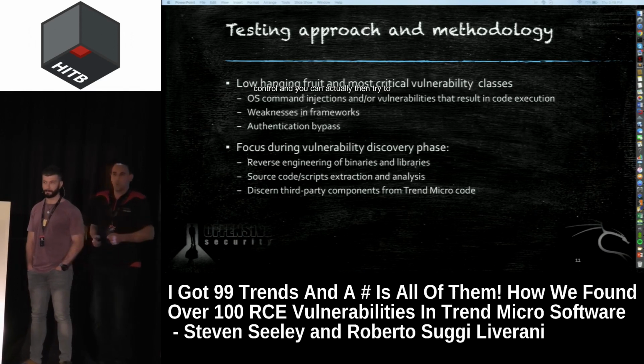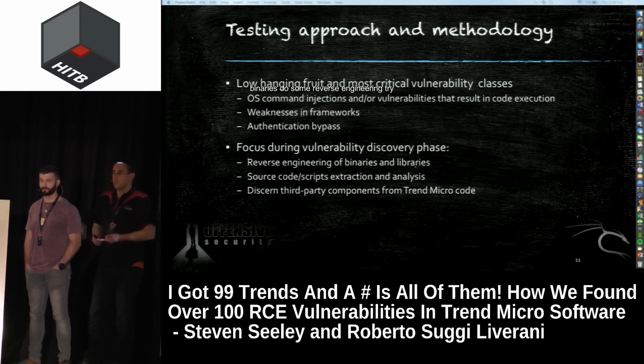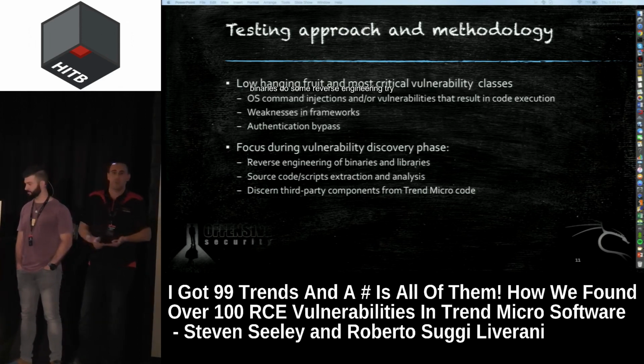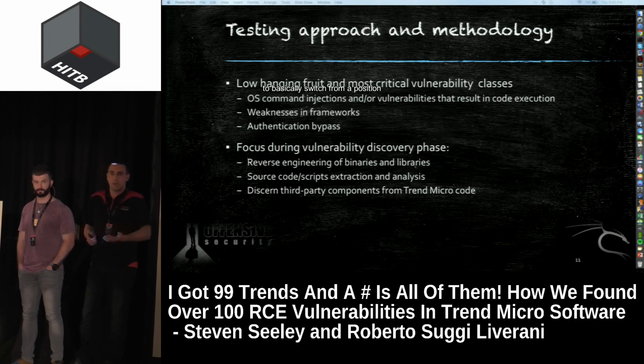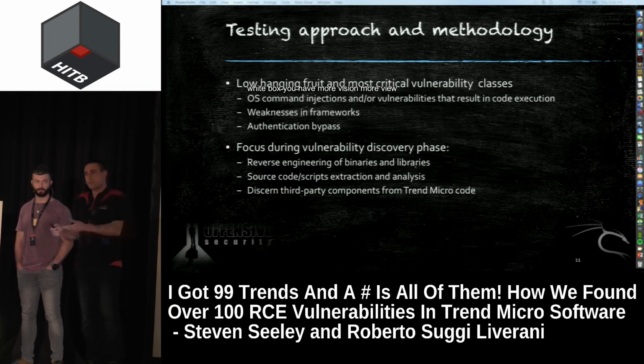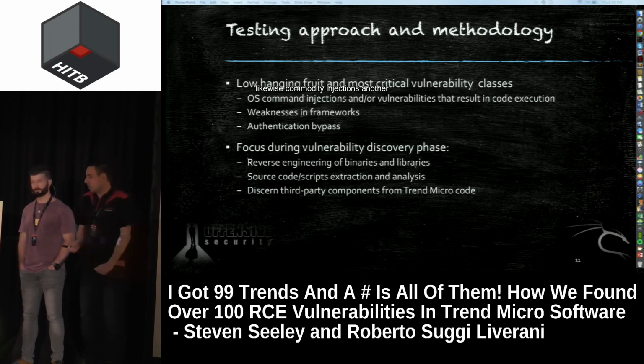So you have full control, and you can try to get the source code, try to get the binaries, do some reverse engineering, and basically switch from a black box position to a white box testing approach. Why this shift? Because once you get into the white box, you have more vision of what the software is, and in the best case you have the source code, and you can go through it and be really methodical in finding bugs like OS command injections.